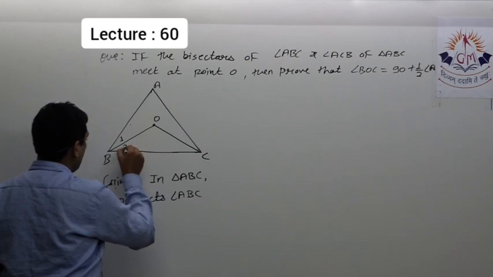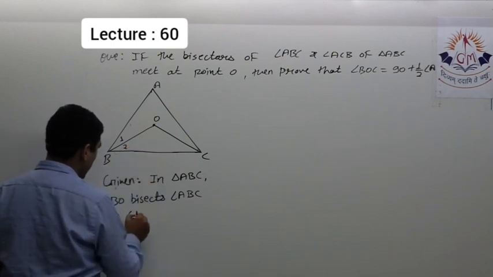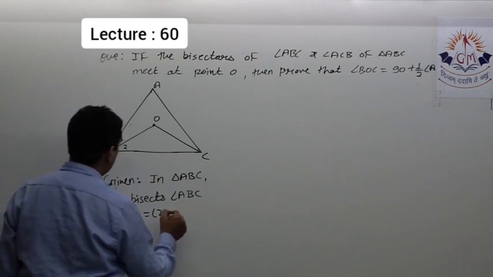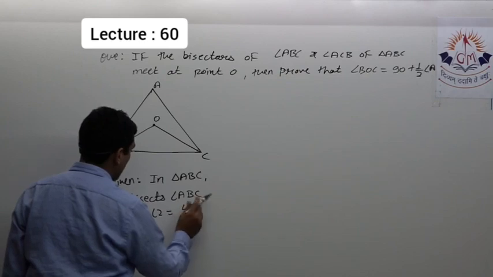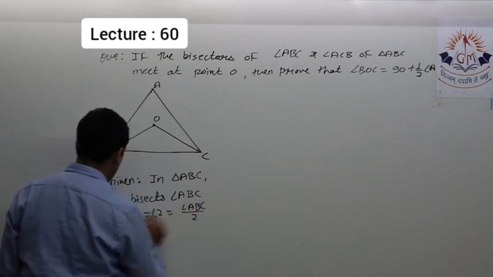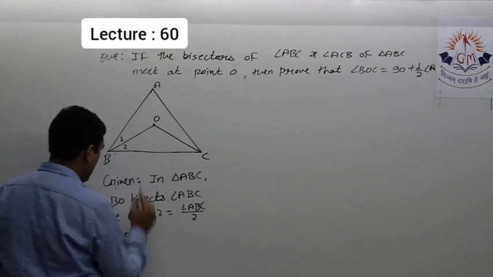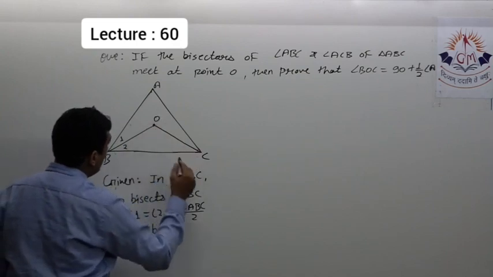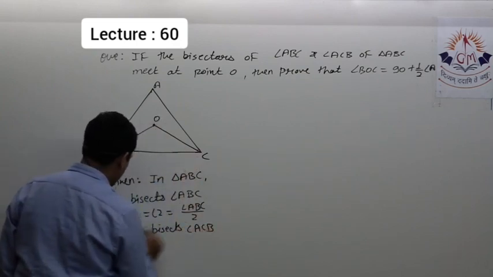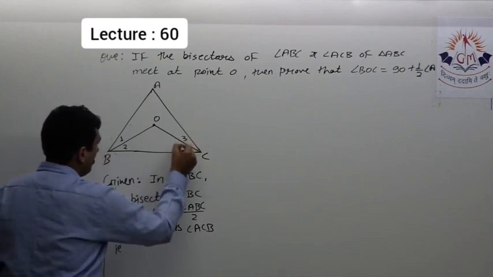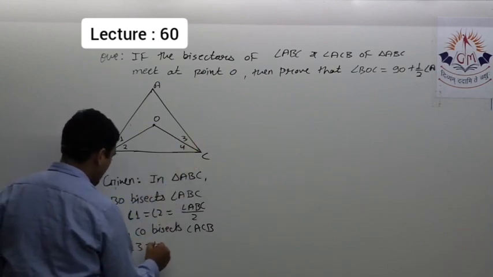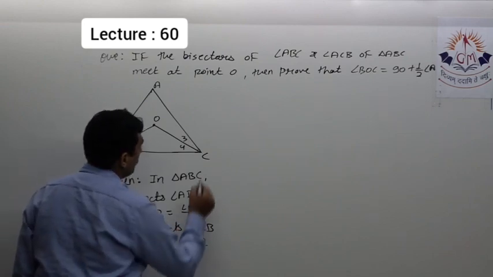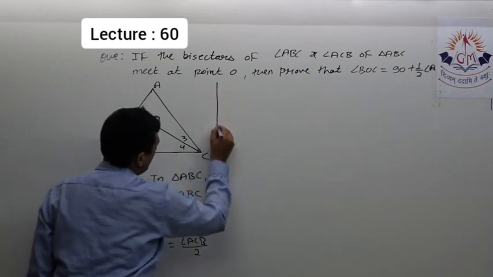If I say this is angle 1 and this is angle 2, it means angle 1 is equal to angle 2, which is equal to angle ABC by 2. Also, CO bisects angle ACB. That is, angle 3 is equal to angle 4, which is equal to angle ACB divided by 2. So this is the given information.